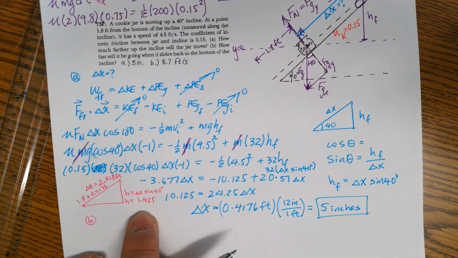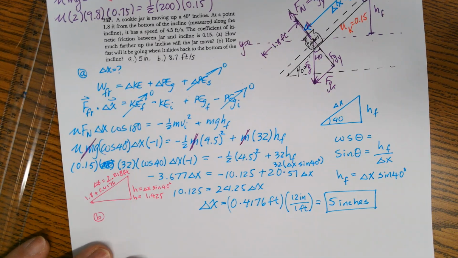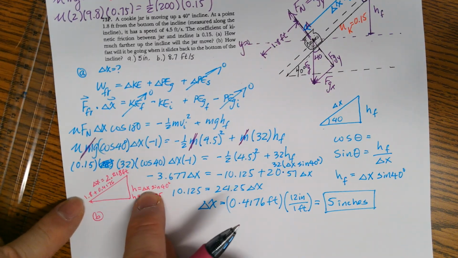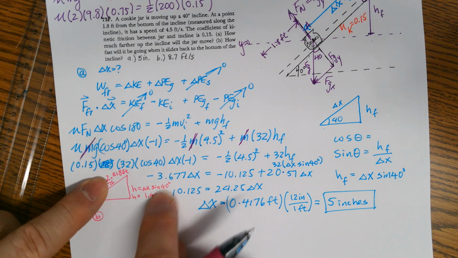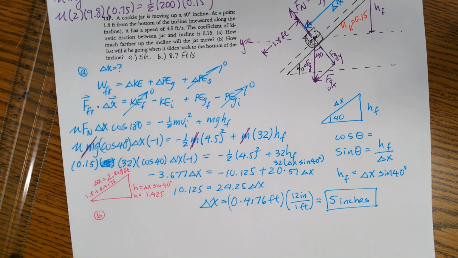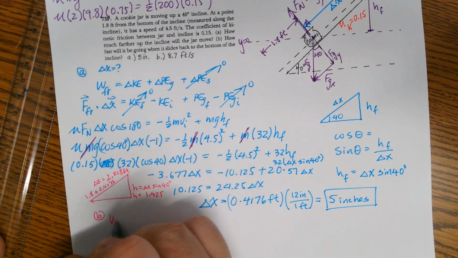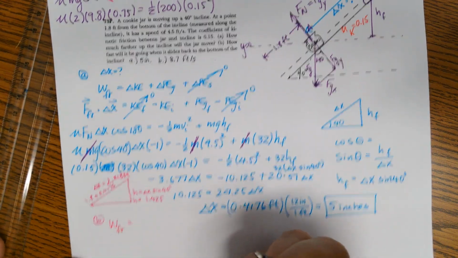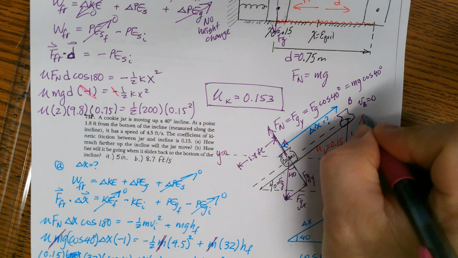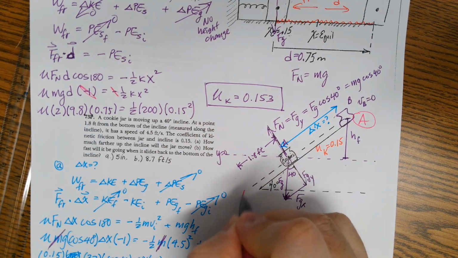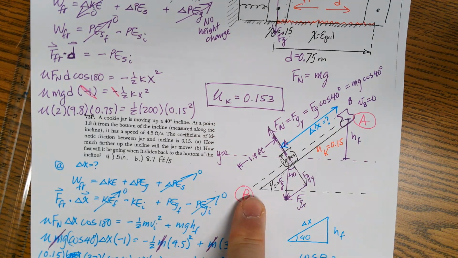That's my new height. So 2.2 times sine of 40 is basically what that is. All right, then. The work done by friction now is equal to, so here's our new starting point, A, and here's my final position, B.